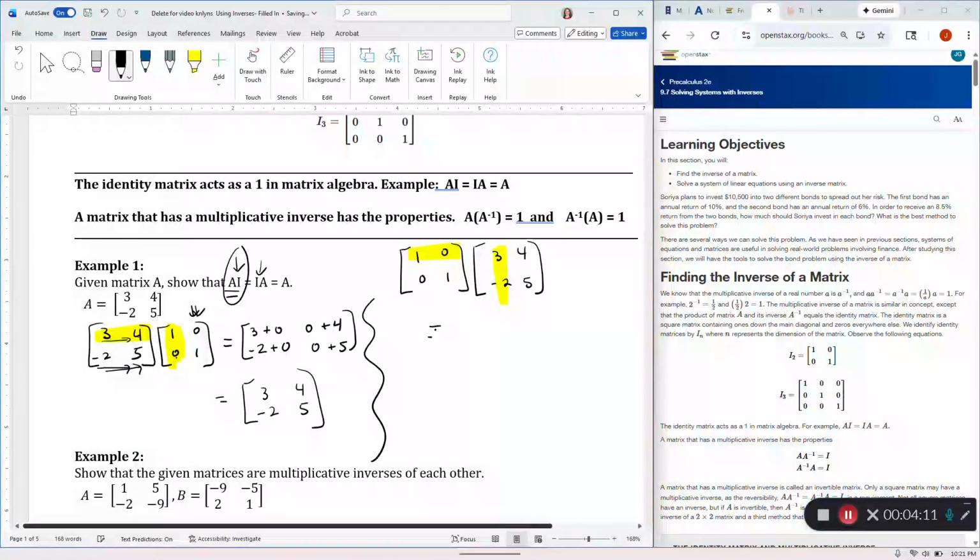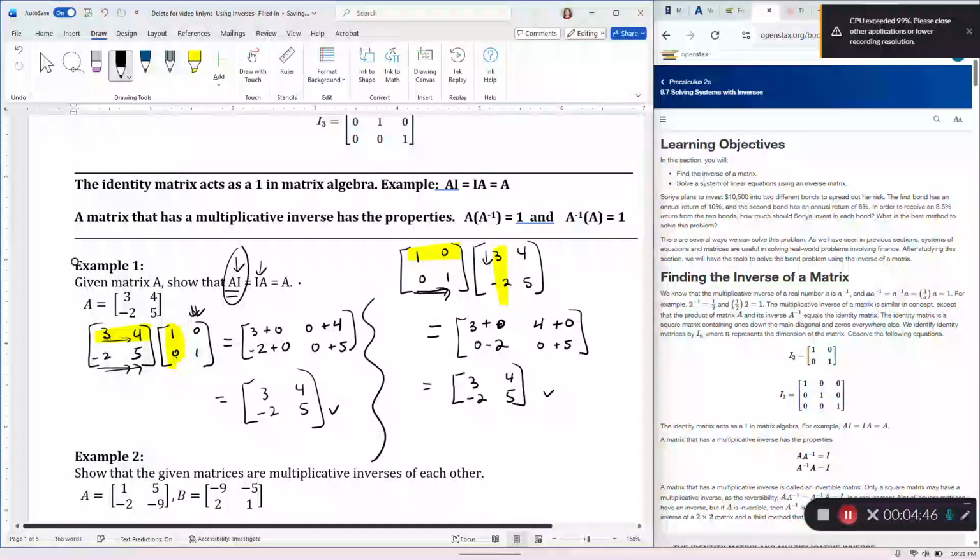All right, 3 times 1, row times -2. Next row, column, 4 plus 0. Bottom row, first column, 0 minus 2. Next, bottom row, second column, 0 plus 5. All right, and in the end, 3, 4, -2, 5. Excuse me, that's not the identity matrix, that's the original matrix.